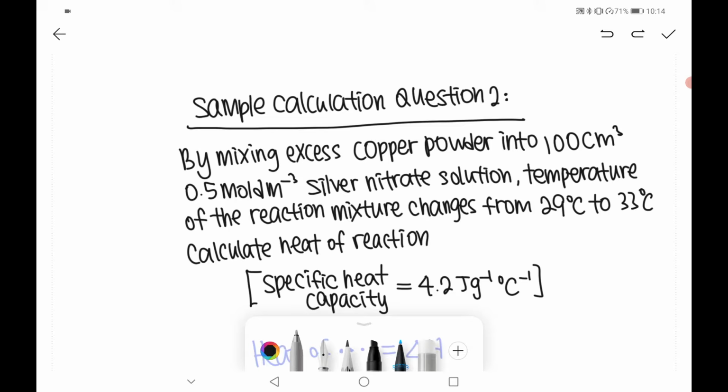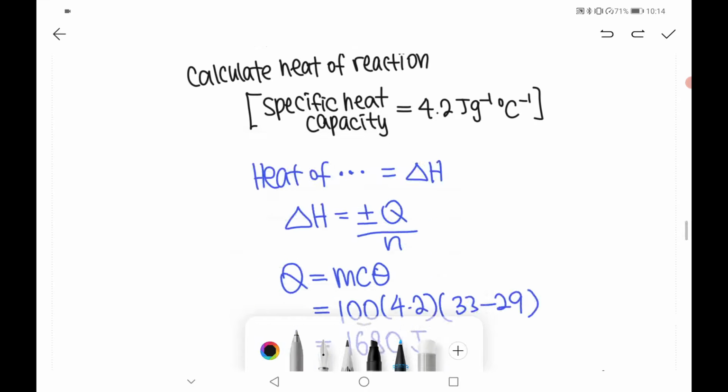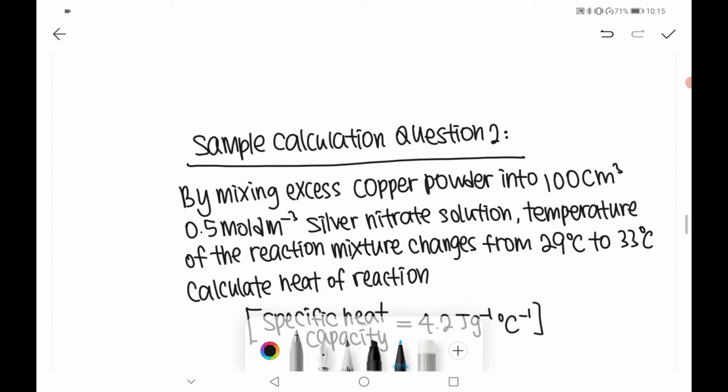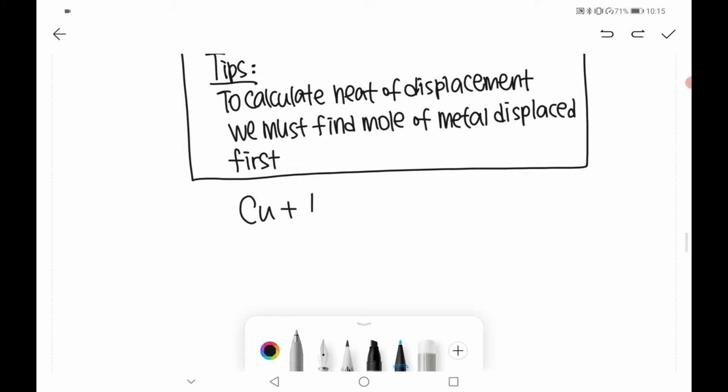So what you should do is write a chemical equation. We have copper powder, the formula is Cu, reacting with silver nitrate solution, the formula is AgNO3. How to get this formula? You learned it in Form 4 Chapter 3.